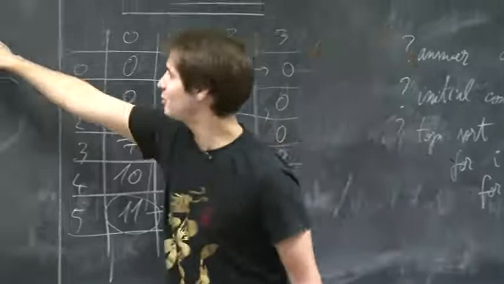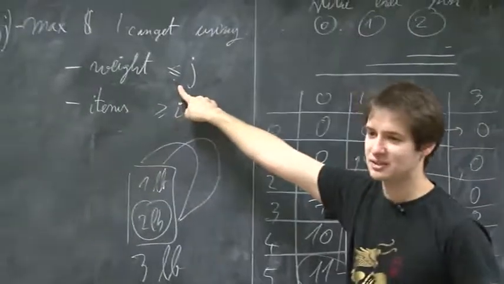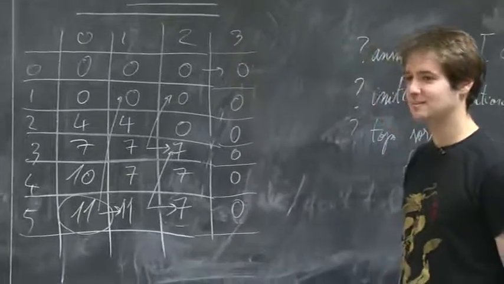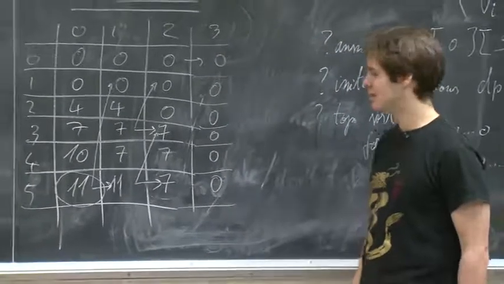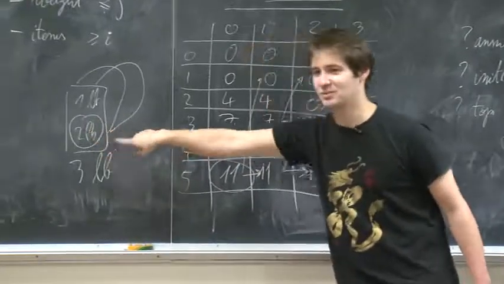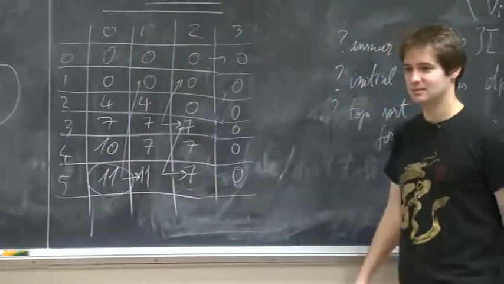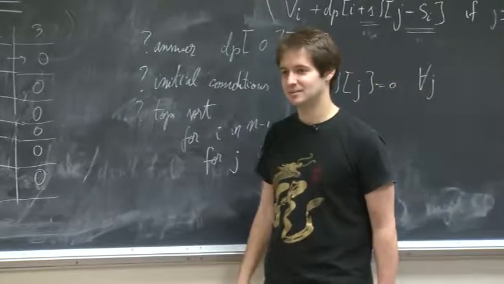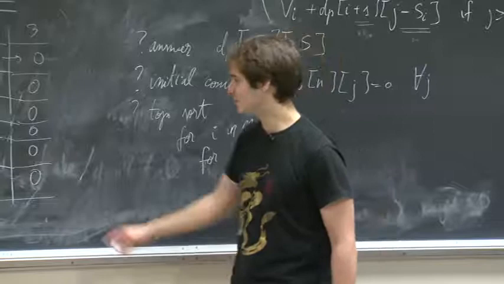Right, because the subproblem says your weight is at most J. So J minus SI means you put something there, so you ate some capacity. You ate only 2 pounds, so why is it in row 3? Well, you told me to start here.